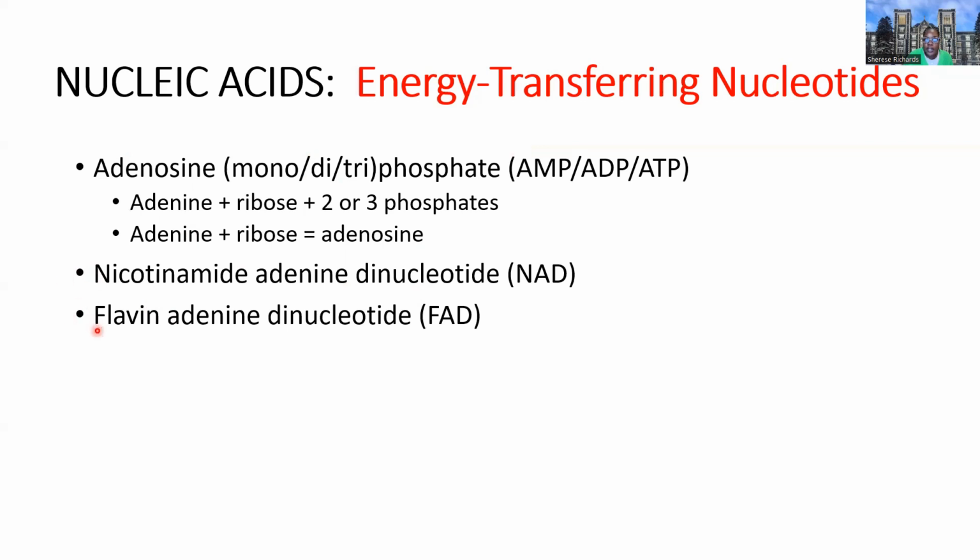Another example, or 2 other examples, are nicotinamide adenine dinucleotide, or NAD, and flavin adenine dinucleotide, or FAD. And both of these, NAD and FAD, can shuttle around electrons.